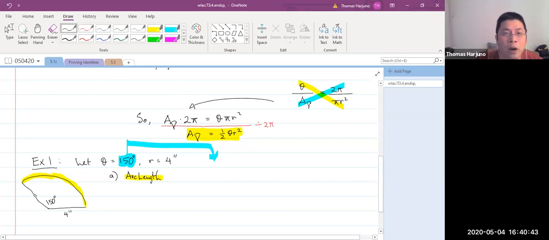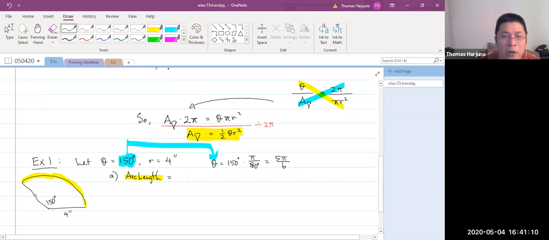So part A, theta equals 150 degrees. I need to convert this to radian, multiplied by pi over 180. Do you remember this? That will give us 5 pi over 6. That's the radian. Then the arc length will be theta r, right?